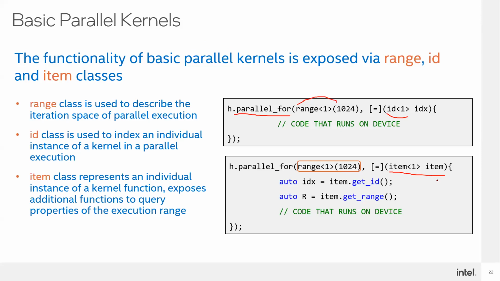And the question that was asked earlier, I think in that case the sample was based on the item class, but I think it's the wrong sample. So item also represents an individual instance, but it provides some additional functionality to query properties of a range, like get ID, get range, and so on. So these are two different ways to identify an individual work item or thread inside the kernel code.